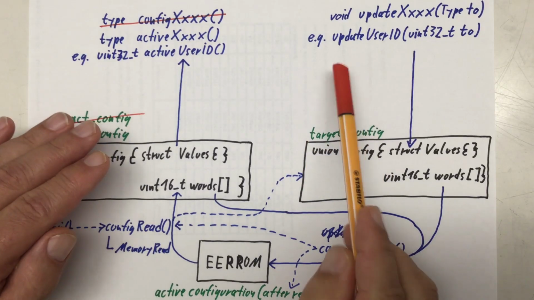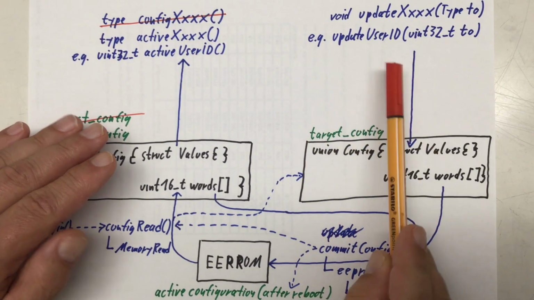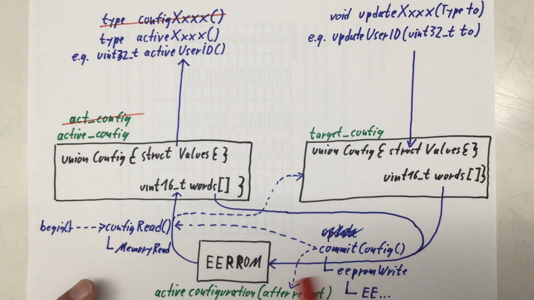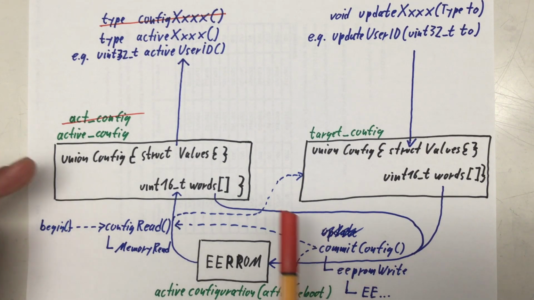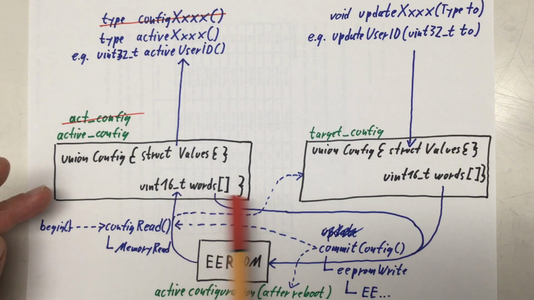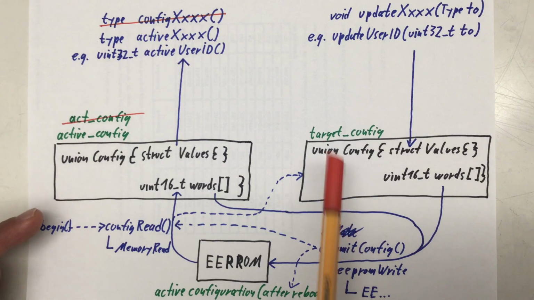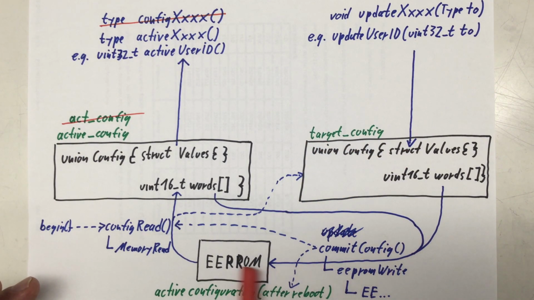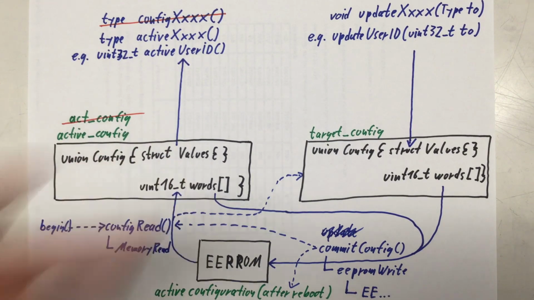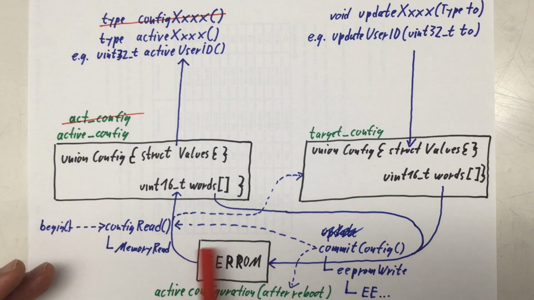So we've implemented the update methods, and now we need to implement the commit config. We already talked about in the overview how the commit config method is comparing the words in the active and the target configuration and only writes changed words using the EEPROM write method, which we implemented in the previous video, to the EEPROM.